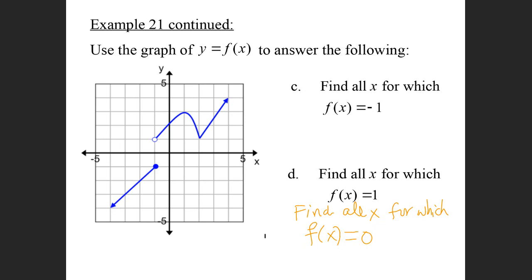So which values are mapped into 0, into y equals 0? This is y equals 0. Nothing. There's no x that has an image equal to 0. y equals 0 does not intersect the curve f. Therefore, find all x for which f of x equals 0: none.